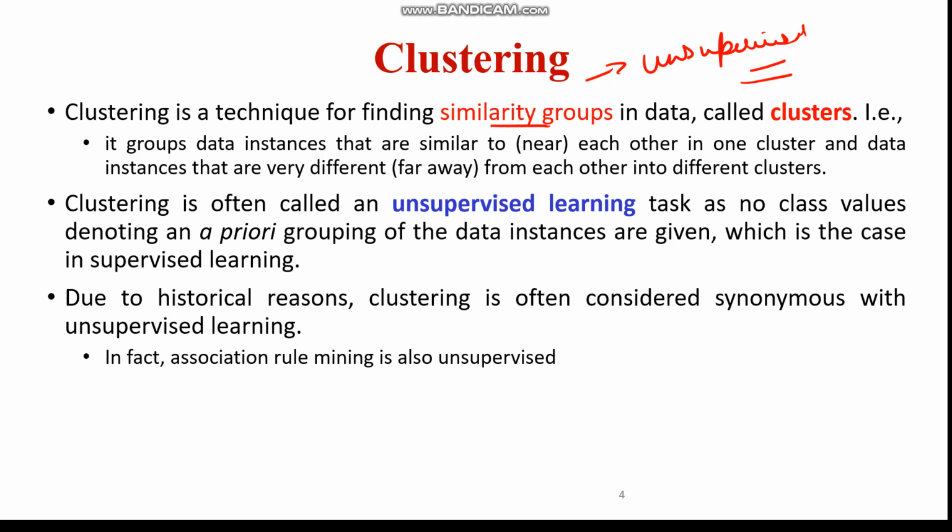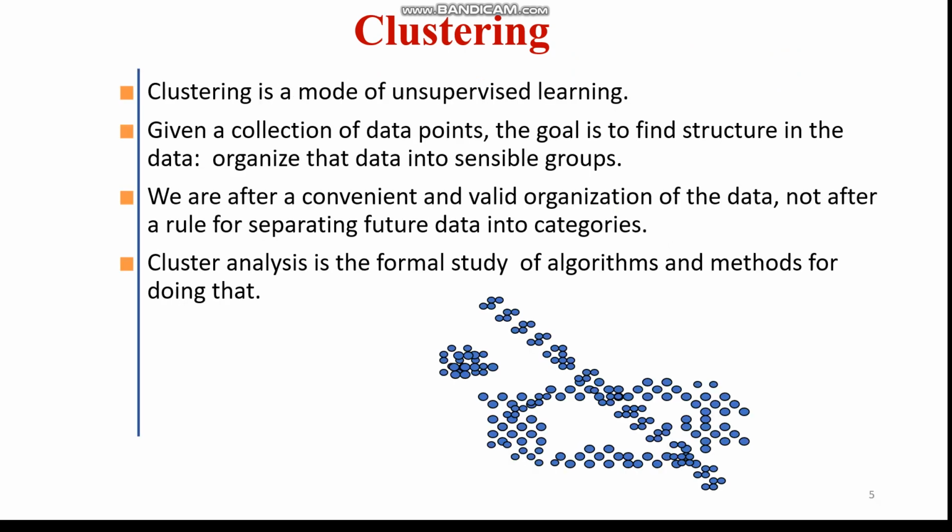Due to historical reasons, clustering is often considered synonymous with unsupervised learning, in which we can also work with association rule mining. Basically, it is a mode of unsupervised learning where we are given a collection of data points, and the goal is to find the structure in the data that will organize the data into sensible groups, meaning meaningful groups.